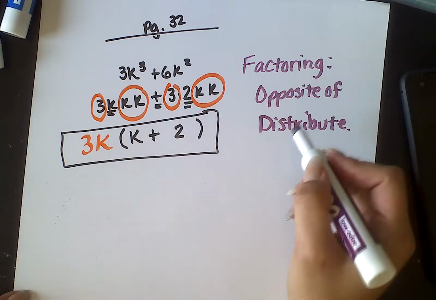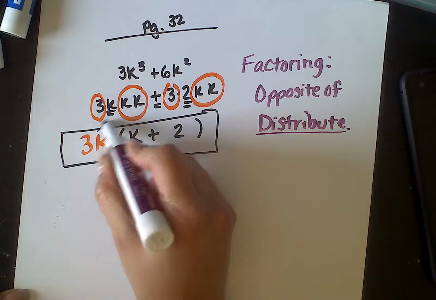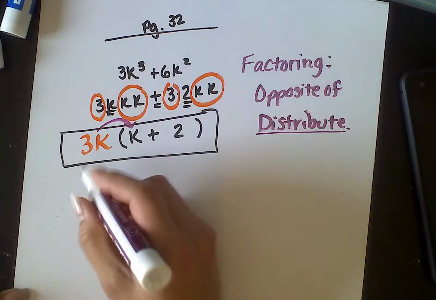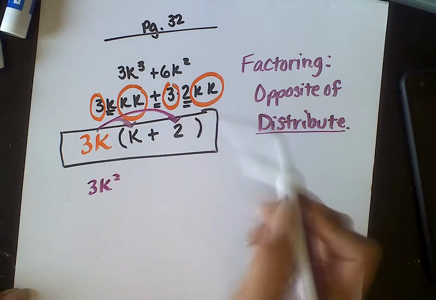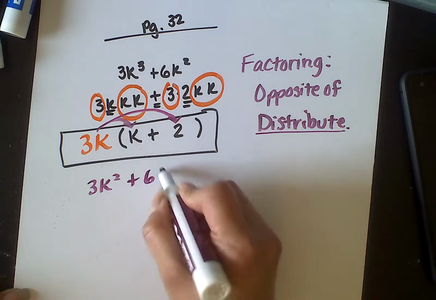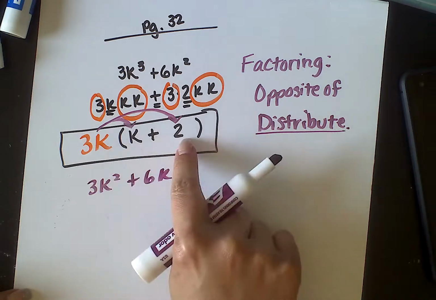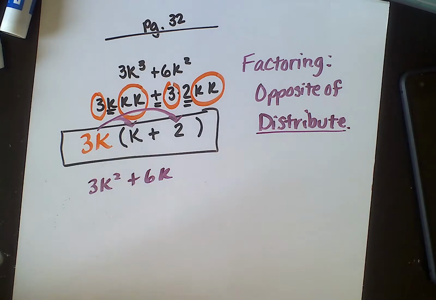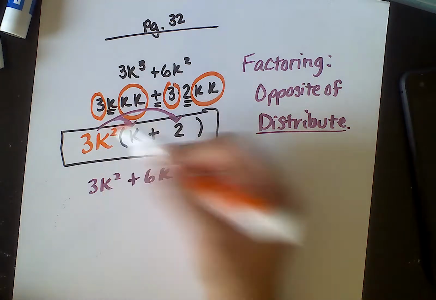So let's go ahead and distribute to double check. So if I distribute, that would be 3k squared plus 6k, which, oh, my bad. I forgot that that's 2k's.